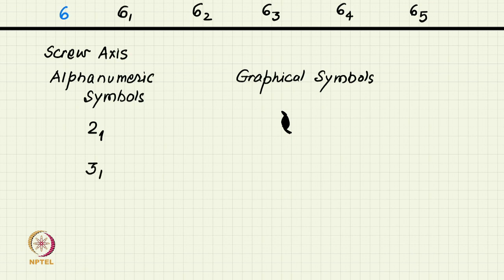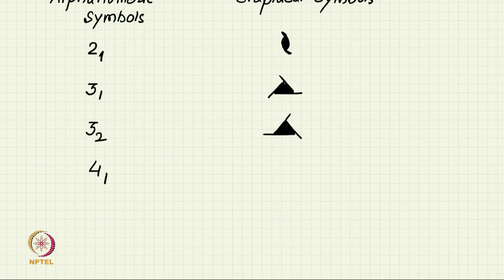Then 3 1, for the three-fold we use triangle. 3 1, we extend the sides of the triangle to represent a screw. 3 2, we again extend the sides of the triangle but in the opposite way. That's 3 2. 4 1, 4-fold is a square, and I extend the sides to represent 4 1.